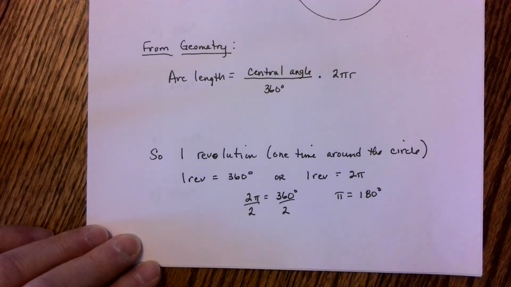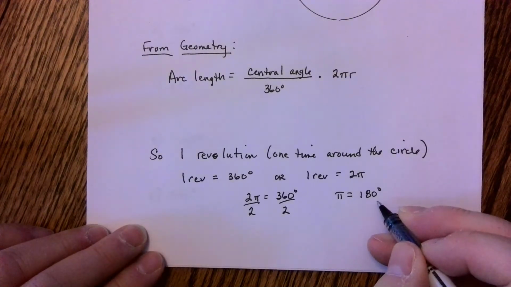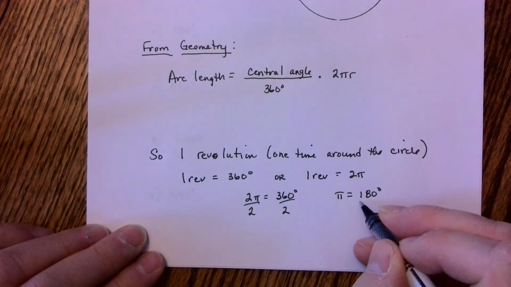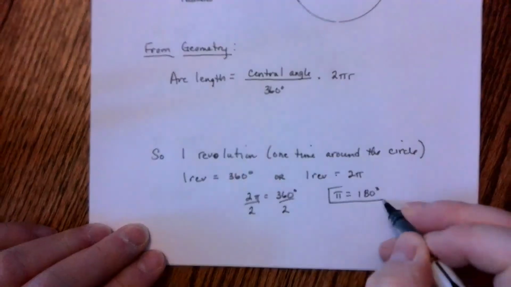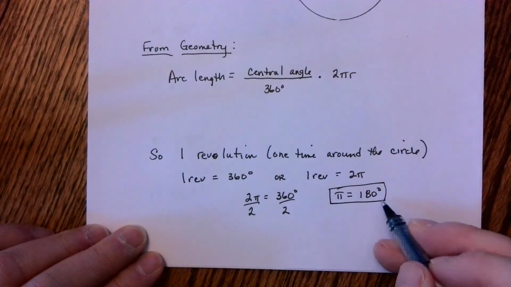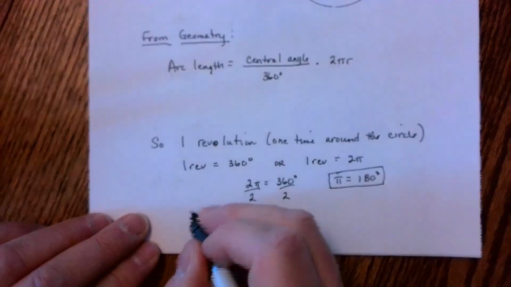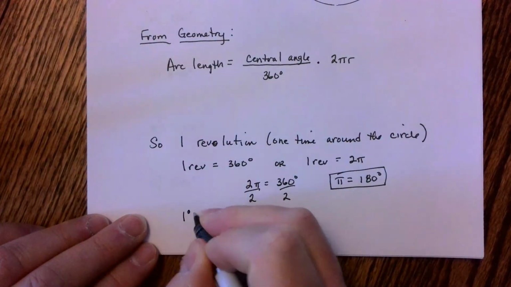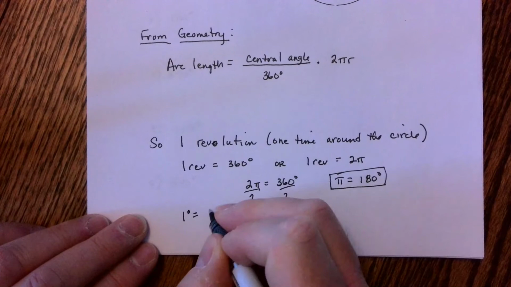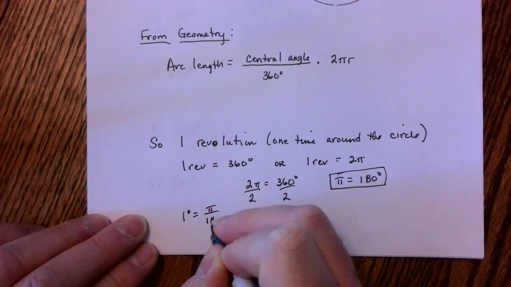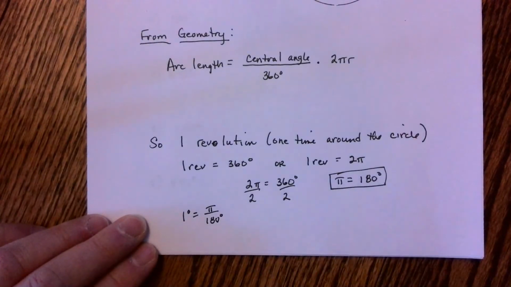If I want to figure out what 1 degree equals, all I'm going to do is take this relationship and divide by 180. So 1 degree is simply going to equal pi divided by 180.